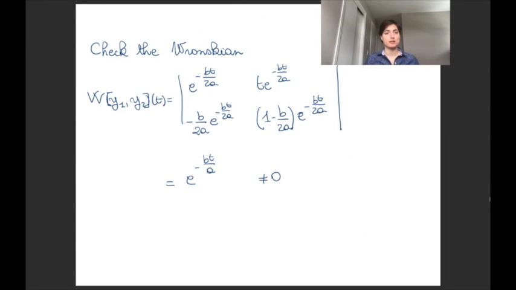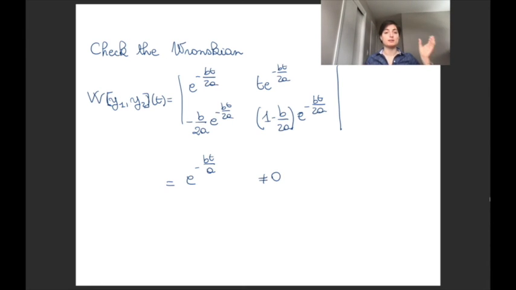Let's check the Wronskian. Do the two elements that we have found until now actually have a Wronskian that is different than 0? So we take exponential of minus bt divided by 2a and t exponential of minus bt divided by 2a in the first line of our matrix, and in the second line of our matrix we take the derivative of the first line.